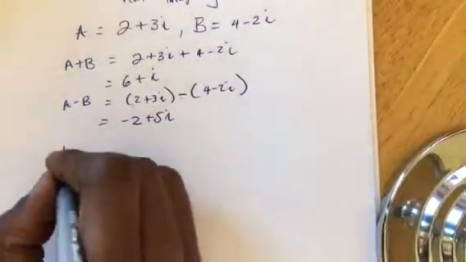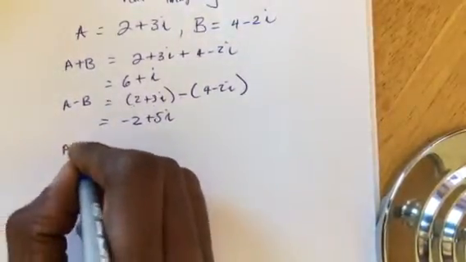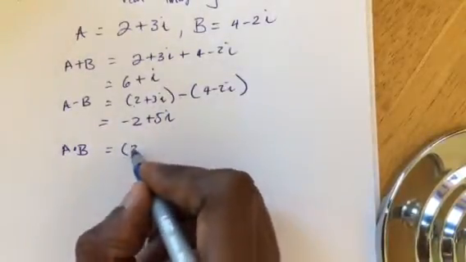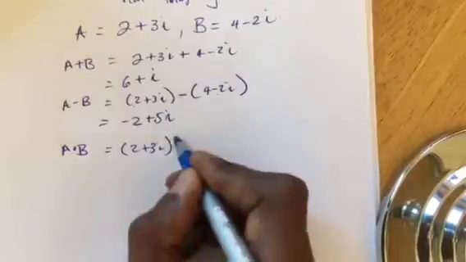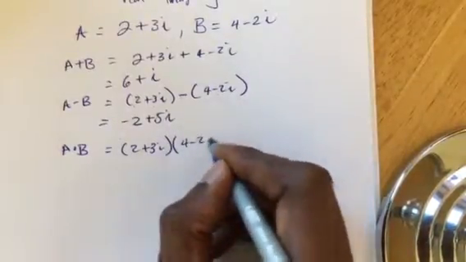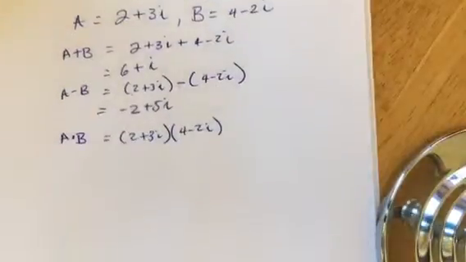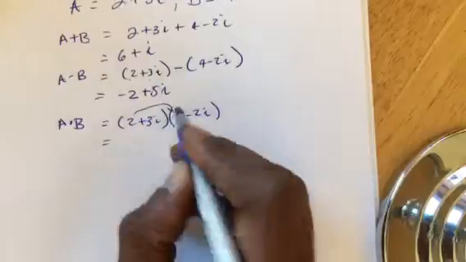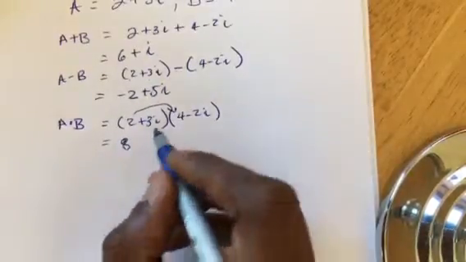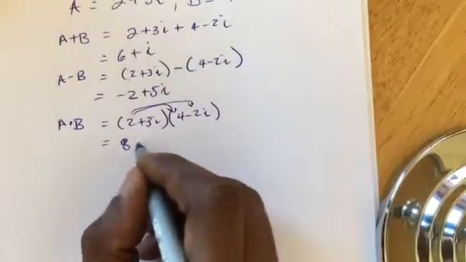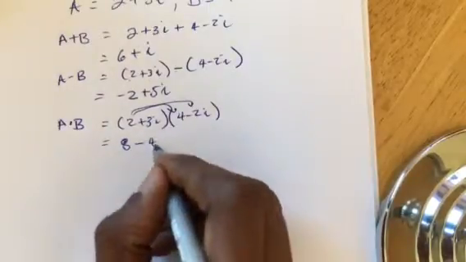How about the multiplication? If we have A times B, or AB, using the same numbers, it would be 2 plus 3i multiplied by 4 minus 2i. We do the same way we do FOIL. So 2 times 4 gives you 8. Then 2 times negative 2i gives you negative 4i.